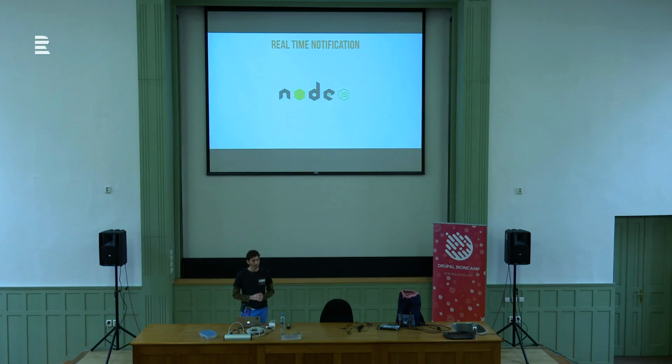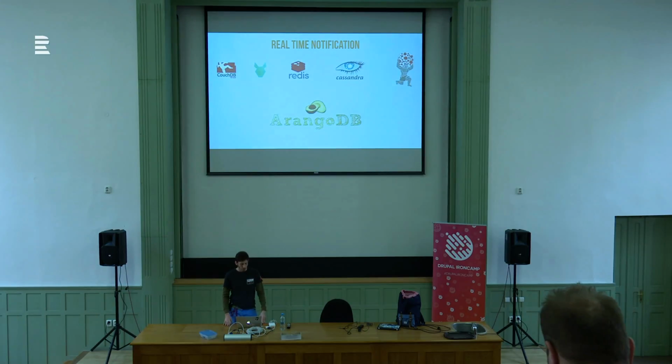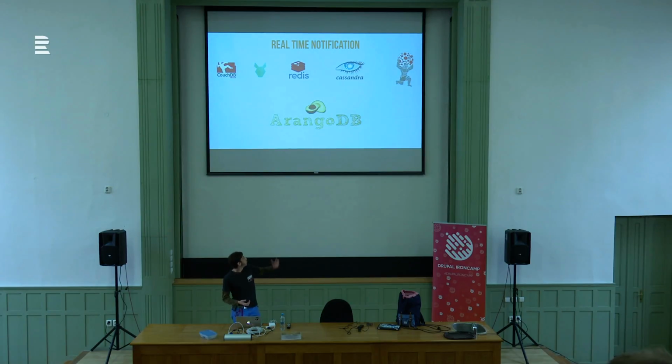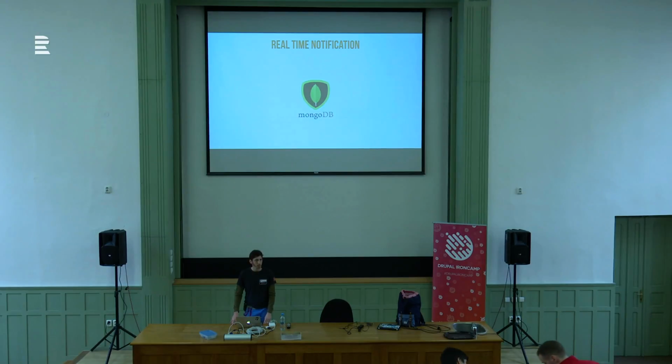And Node.js stores all its objects as JSON objects, or maybe if we want to use a JSON storage like CouchDB, PouchDB, Redis, Cassandra, Titan, OrientDB, and the most famous one is MongoDB. But all of these servers have some problems.